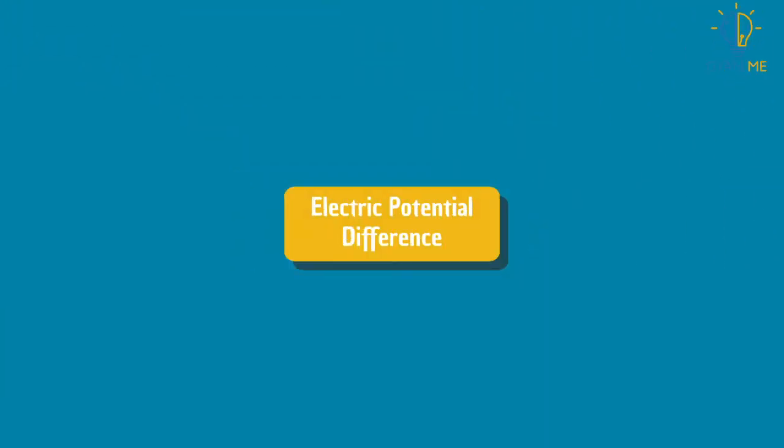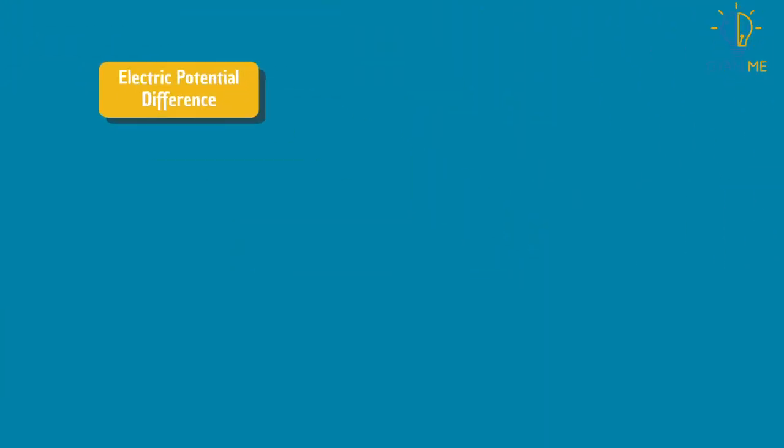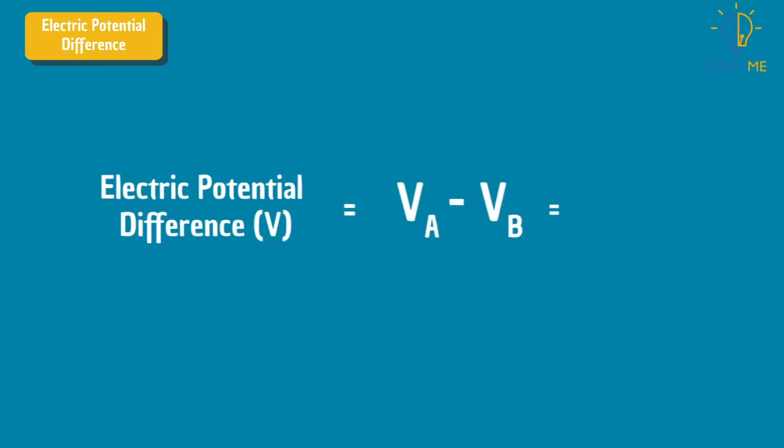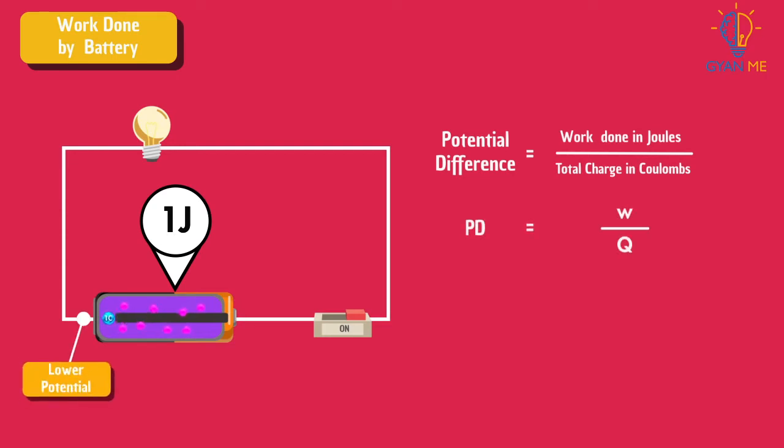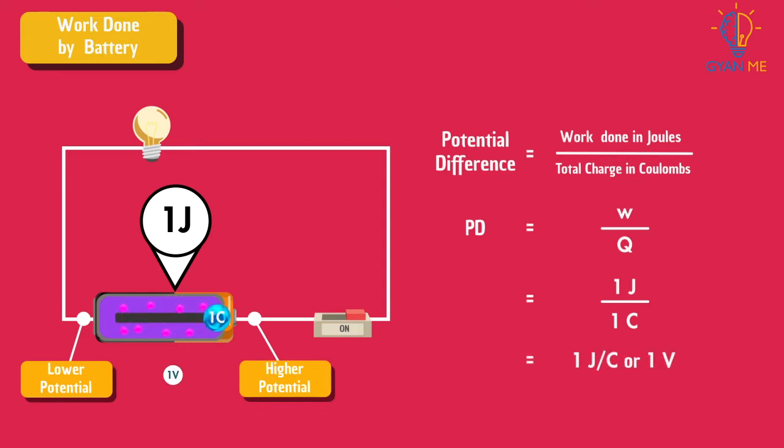So electric potential difference can be mathematically written as VA minus VB is equal to work upon charge. Accordingly, if 1 joule of work is done to move 1 coulomb of charge from one point of lower potential to the other point of higher potential, the potential difference between these 2 points is 1 volt.